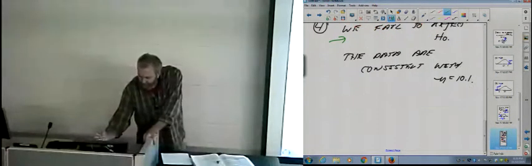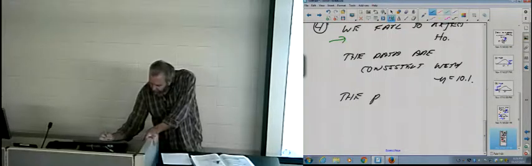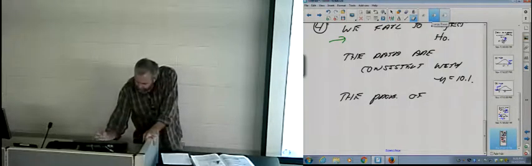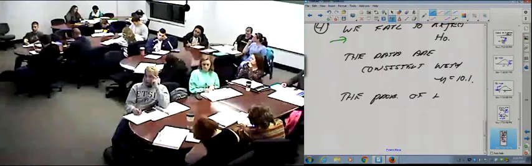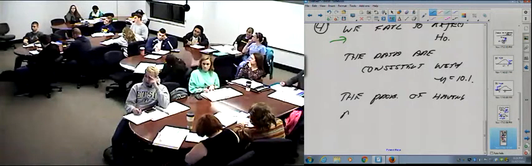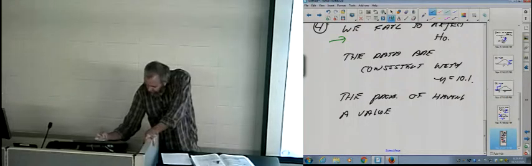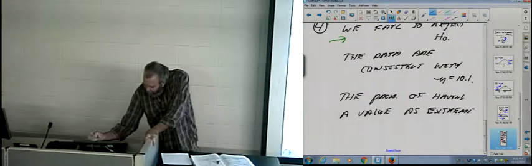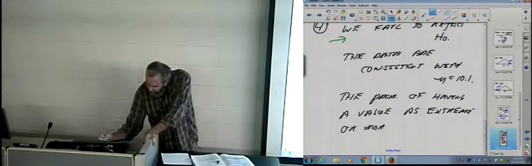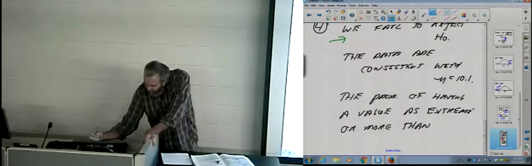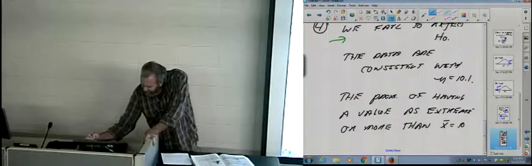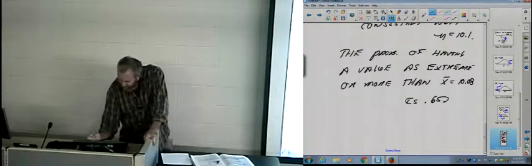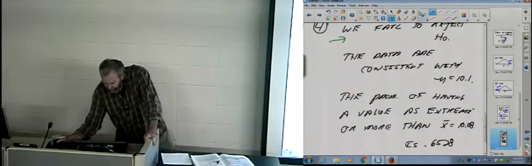Again, I'm trying to give you the language. The probability of having a value as extreme or more extreme than x bar being 10.08 is 0.6528, I think.